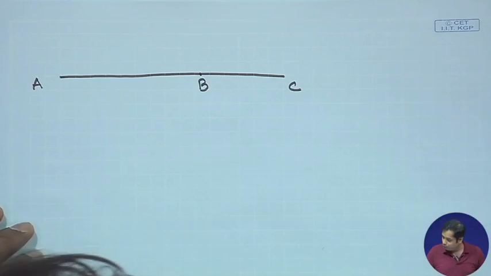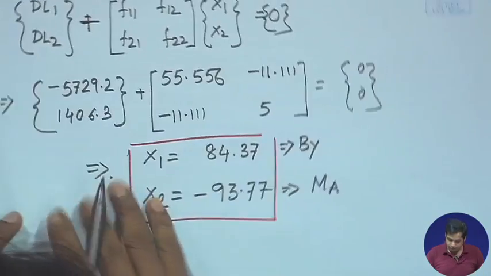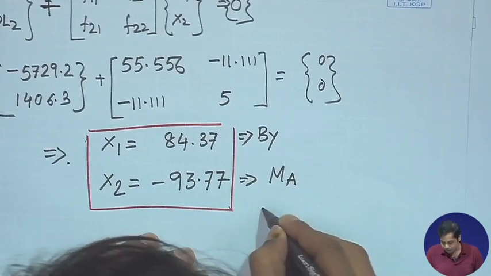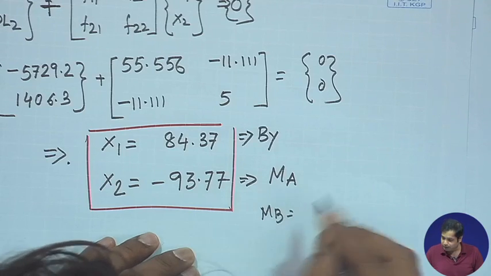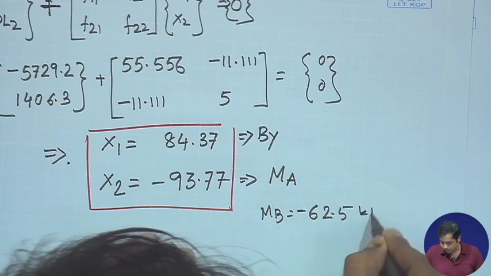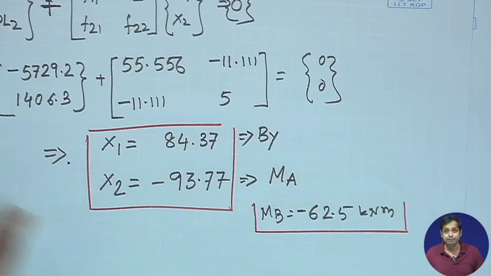If we apply the equilibrium conditions, then we get that MB is equal to, I am not doing it, you can check it please, minus 62.5 kilonewton meter. Okay.